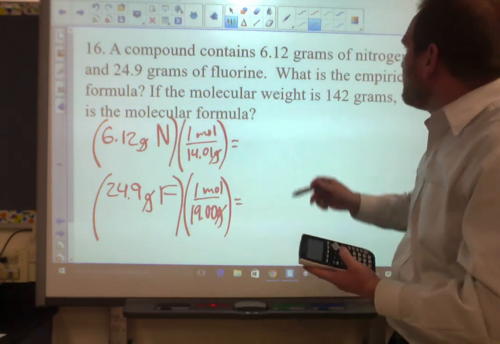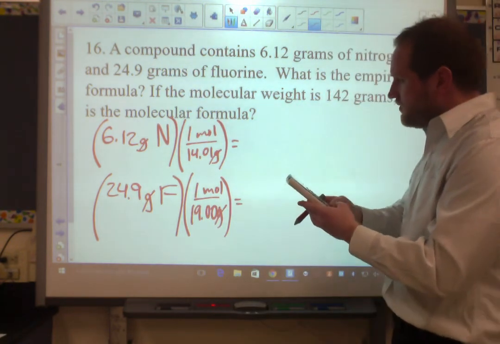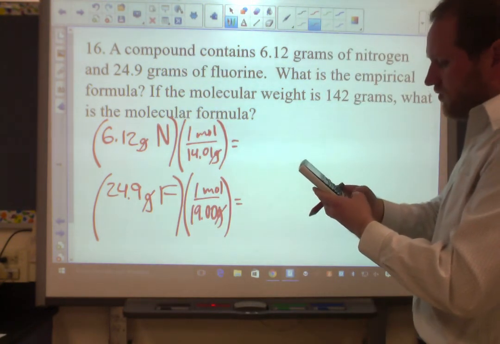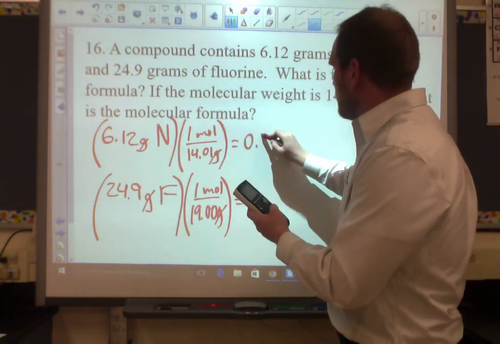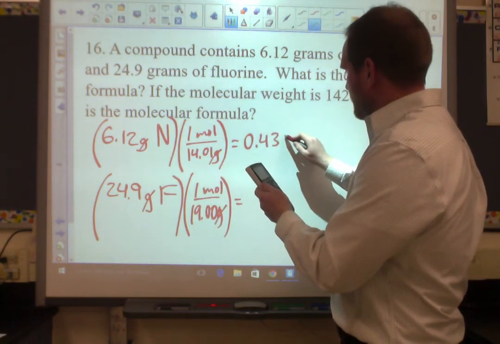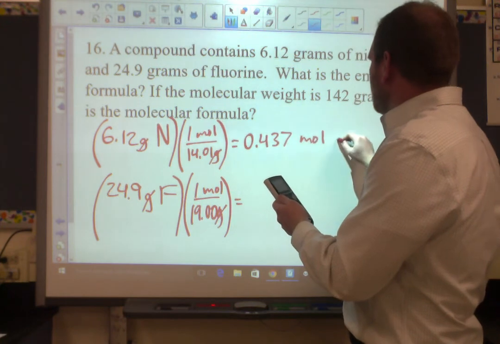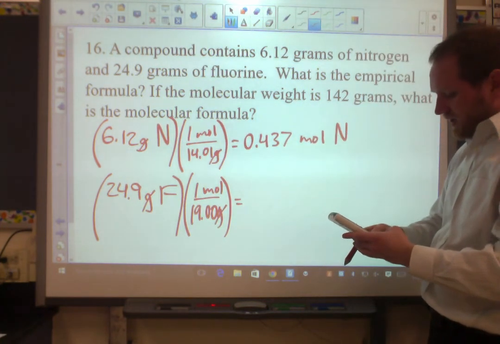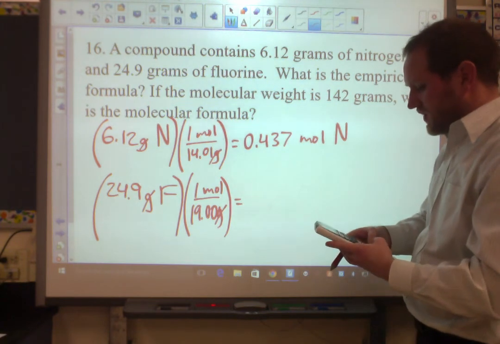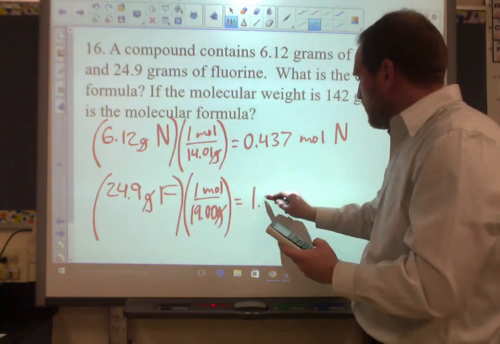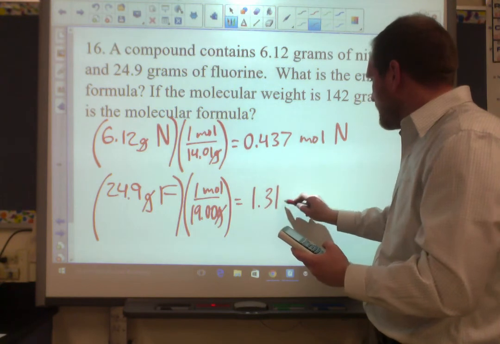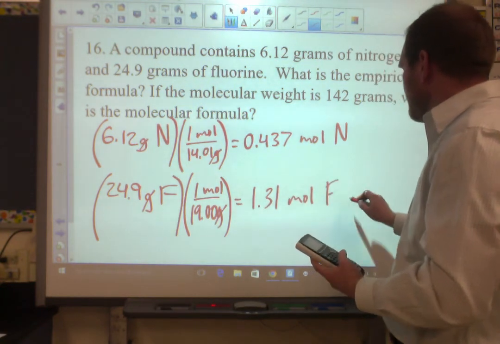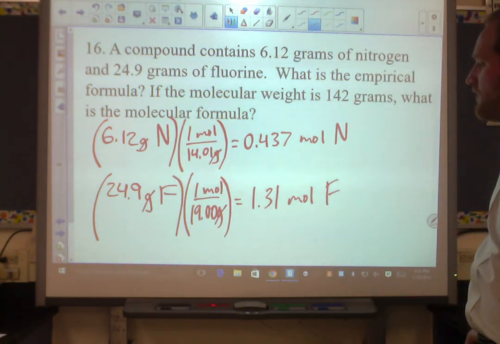Let's see what we get. 6.12 divided by 14.01 gives me 0.437 moles of nitrogen. 24.9 divided by 19.00 gives me 1.31 moles of fluorine. I'm looking for the ratio.